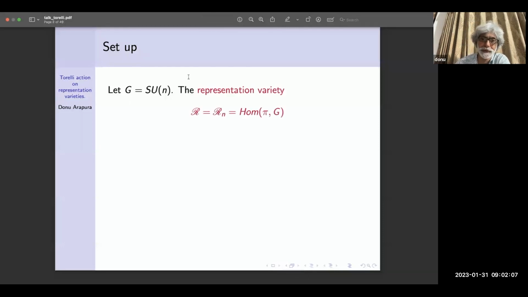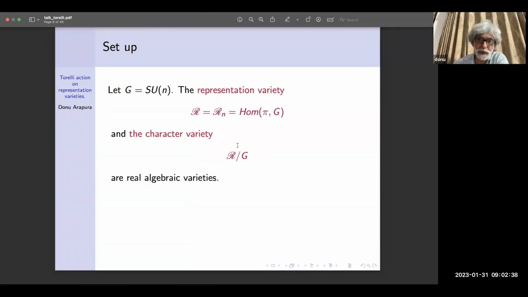Now let me introduce some of the main players. So this is the representation variety. It's sort of a fancy R, and if I want to specify the rank, I'll write R_n, but usually n is fixed. It's just the set of homomorphisms from pi, the fundamental group of the genus G surface, into G. It's a set, but it actually has the structure of a real algebraic variety.